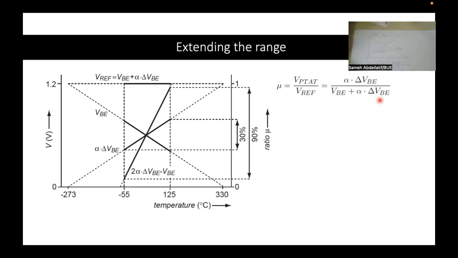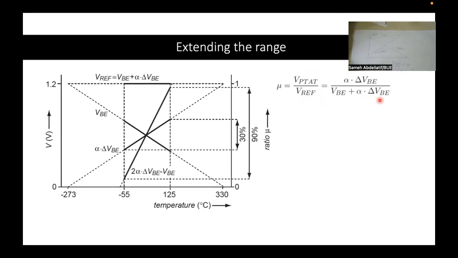So you know that the main variable here is delta VPE. Delta VPE is varying with temperature. Let's consider first the extreme conditions. The extreme conditions happen when, for example, delta VPE is equal to 0.